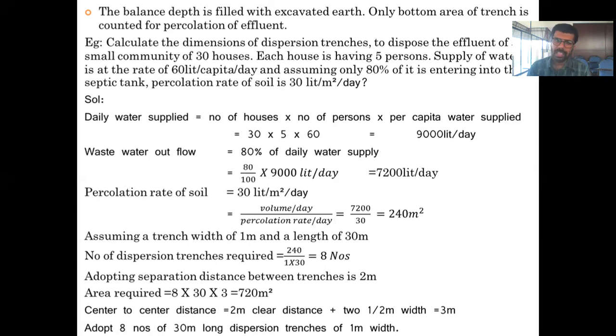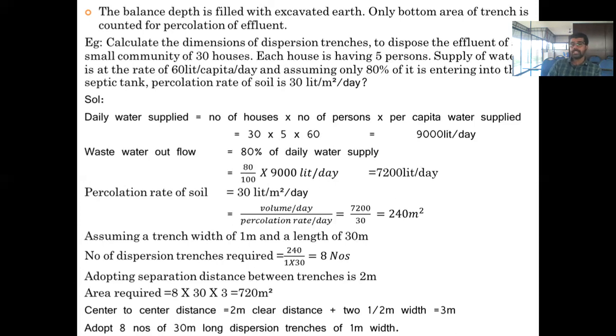Normally, that will be given by those people who go there and take the percolation test, and we can ask them what is the percolation rate in your area, or ask them to take a percolation test. They will give the percolation rate. Here it is already given in the question, and they have found that it is 30 liter per meter square per day.